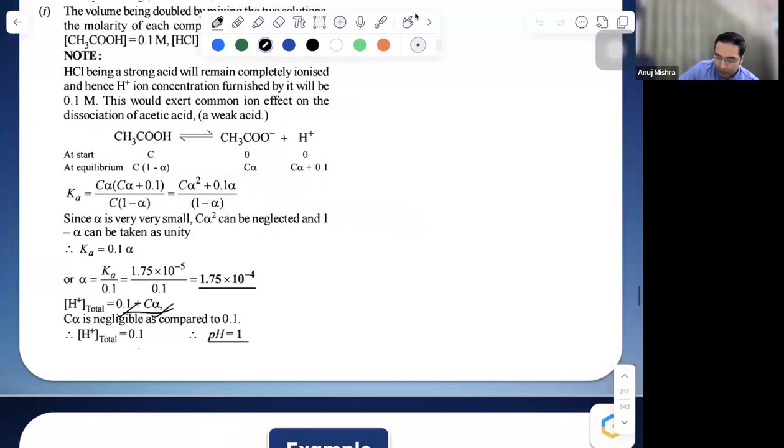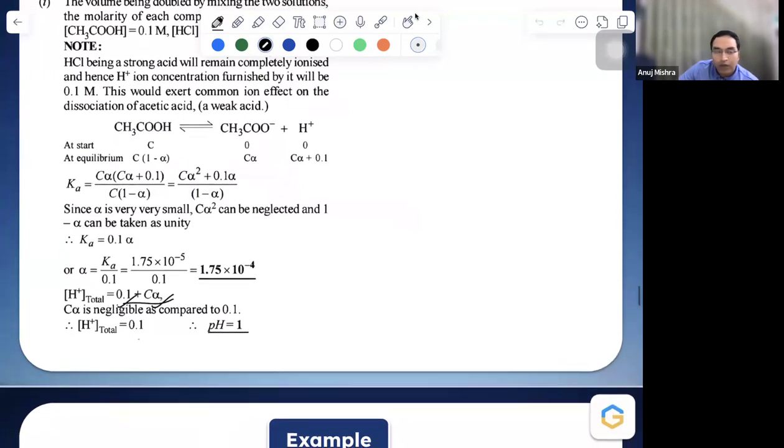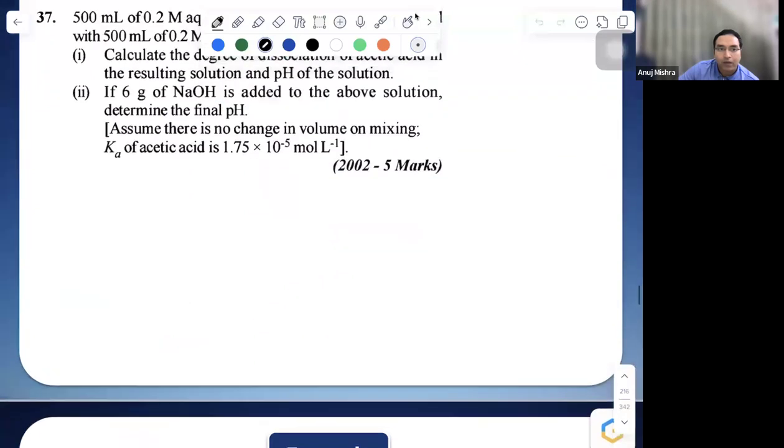If you recall, we said pH is 1 because we neglected acetic acid, and the governing thing is HCl. Can you recall this question? First part we have already done. Today we have to do the second part.